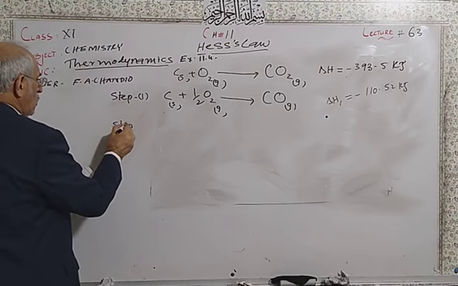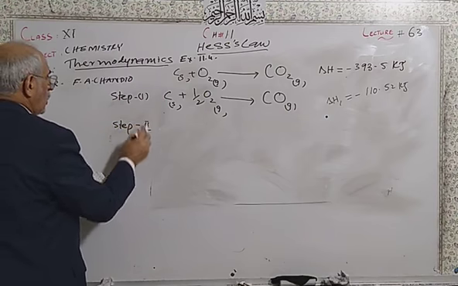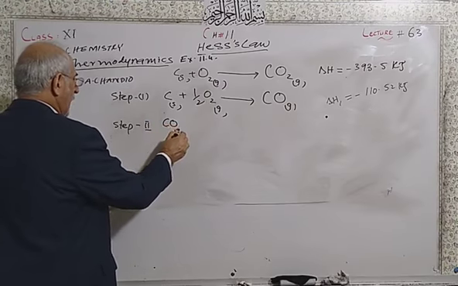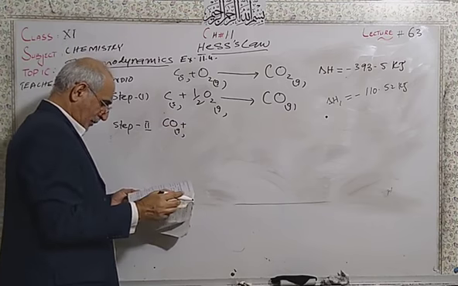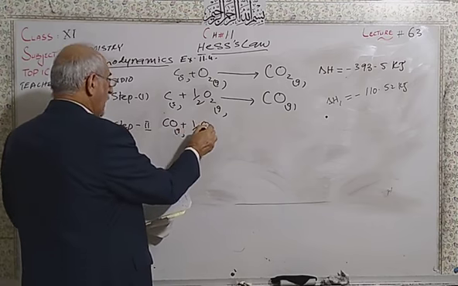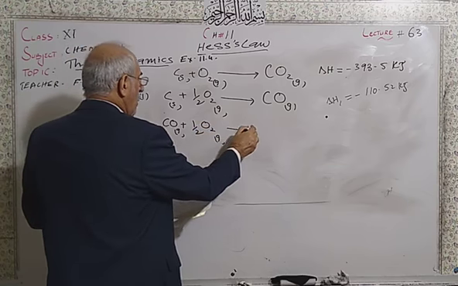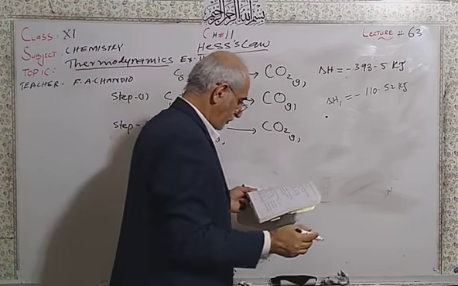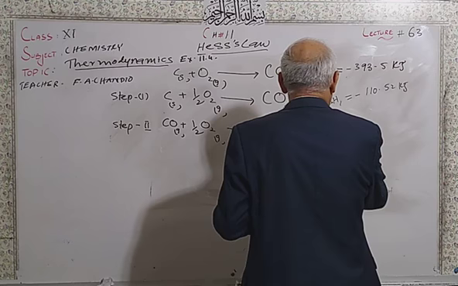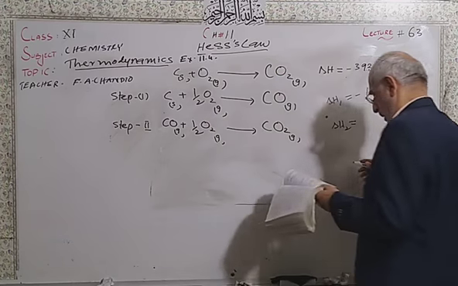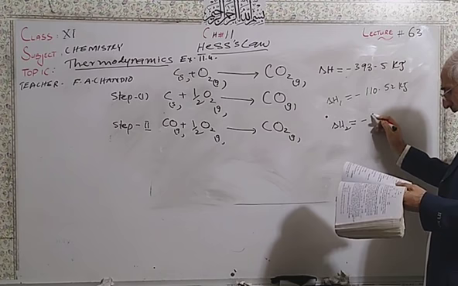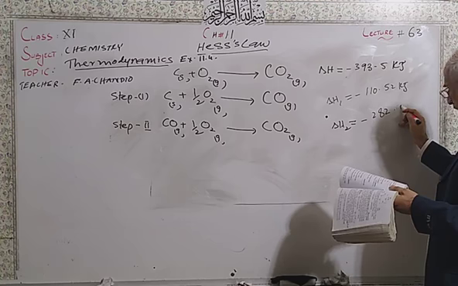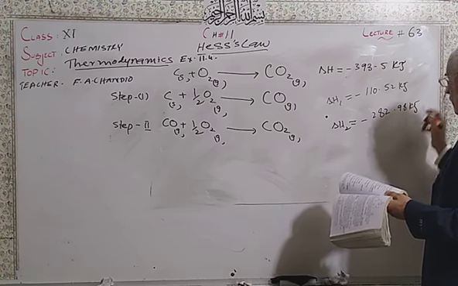In step number 2, this carbon monoxide gas plus half oxygen gas forms carbon dioxide gas, and delta H2 is equal to minus 282.98 kilojoules.